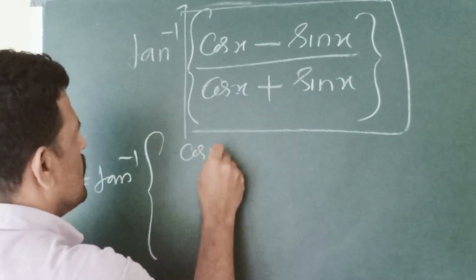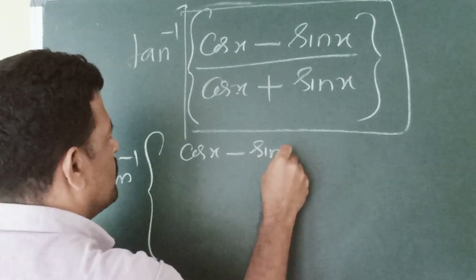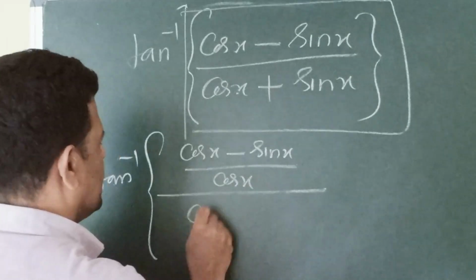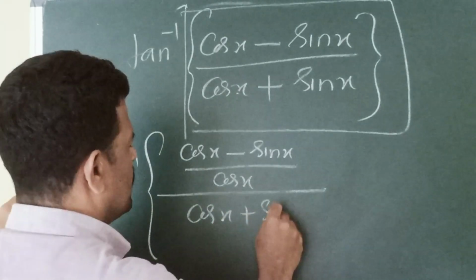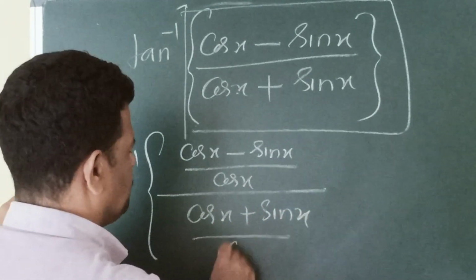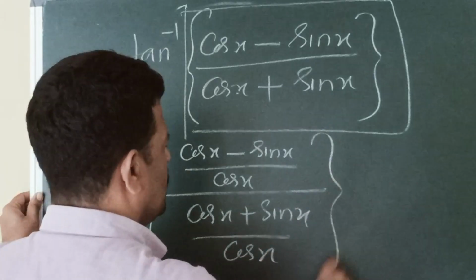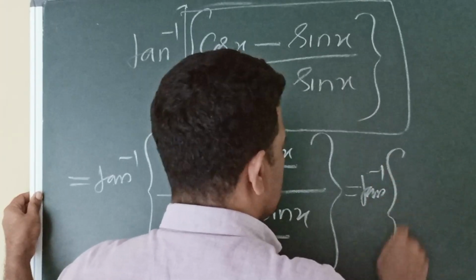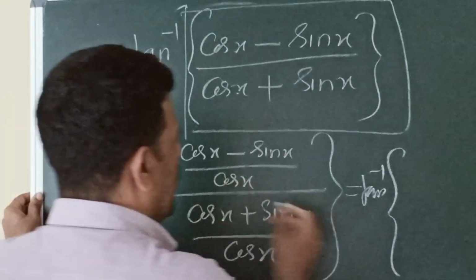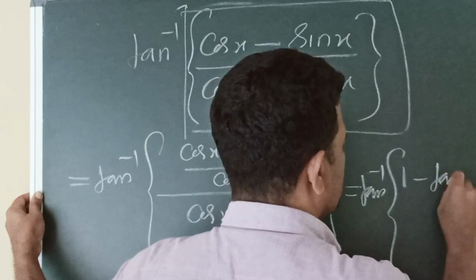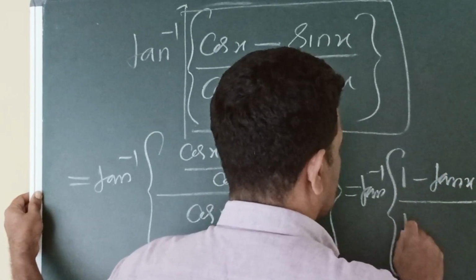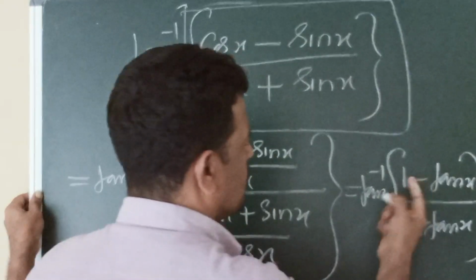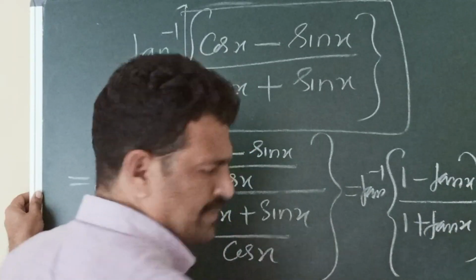It becomes cos x minus sin x divided by cos x, by cos x plus sin x divided by cos x. That is tan inverse, cos by cos is 1, 1 minus tan x by 1 plus tan x. So we get tan inverse 1 minus tan x by 1 plus tan x.